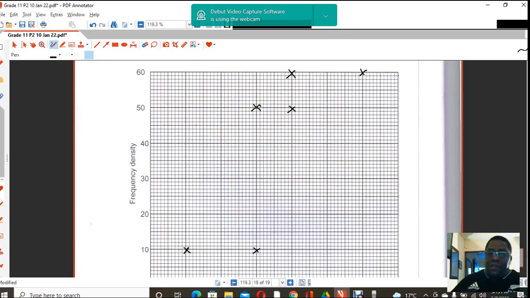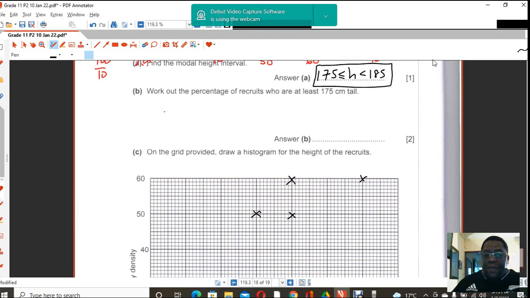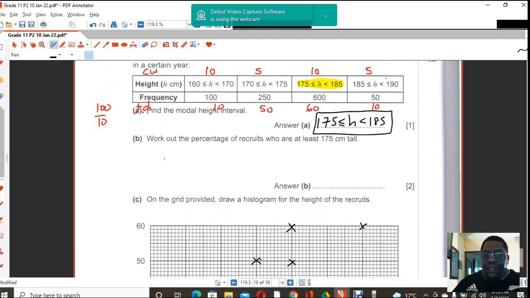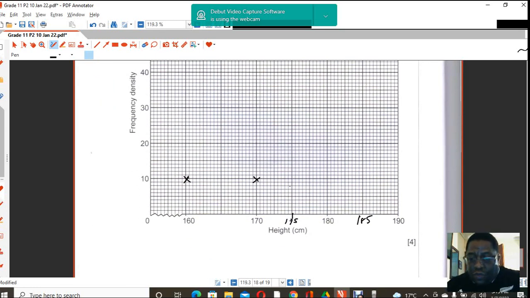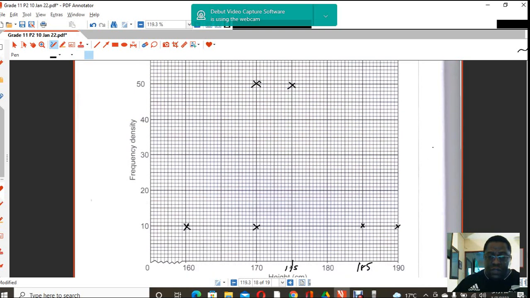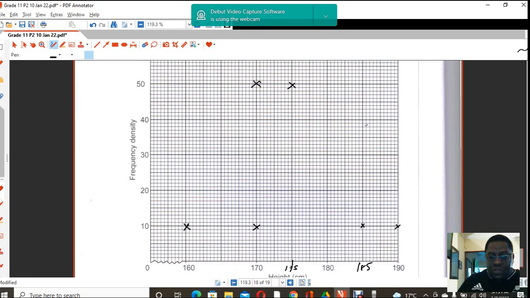So I can already complete my histogram. And between 185 to 190, it's 10. The frequency density, 10. So between this part here, we will go from here to here, is 10. Good. I can actually complete my histogram if I so wish.